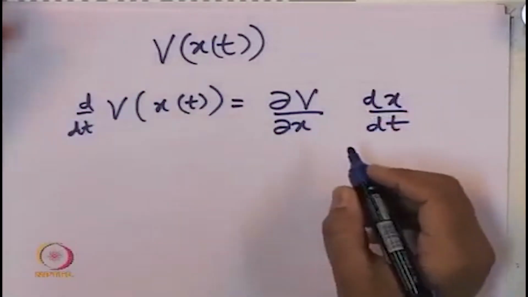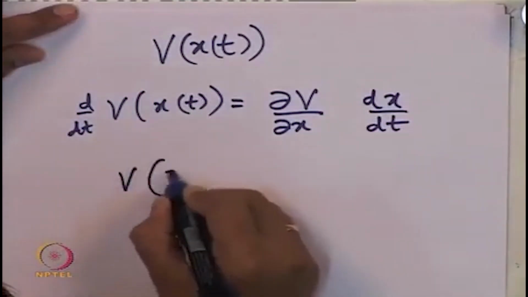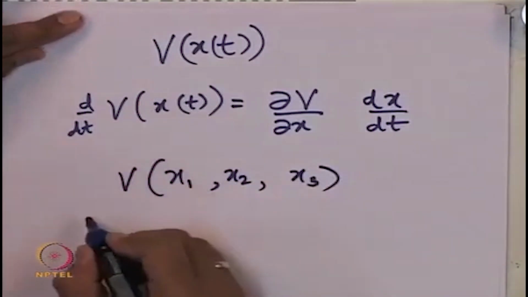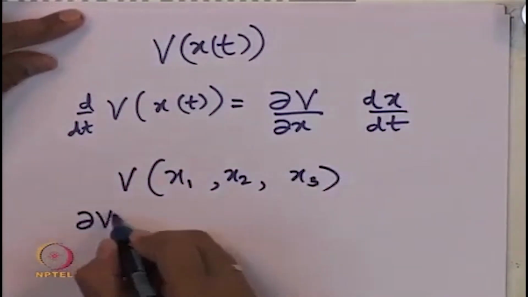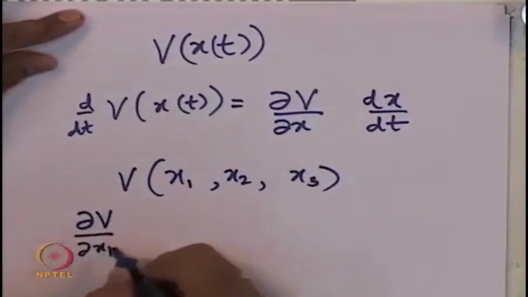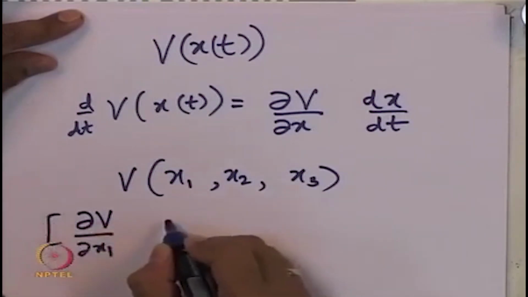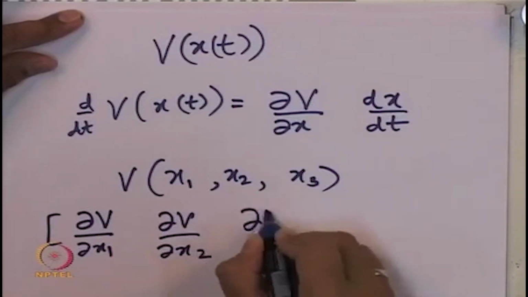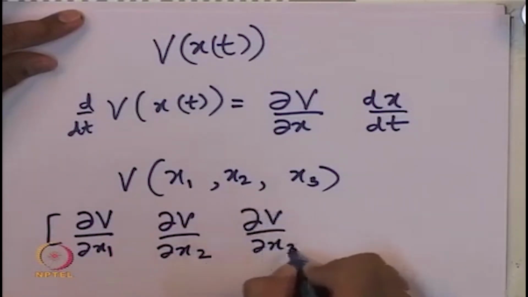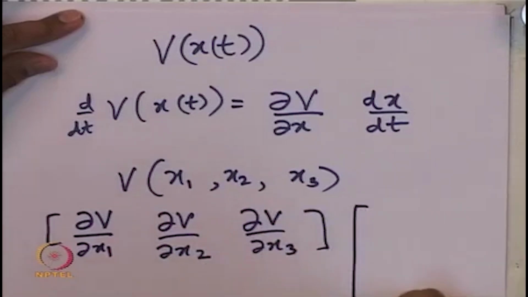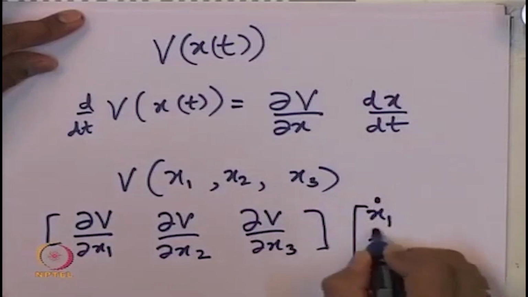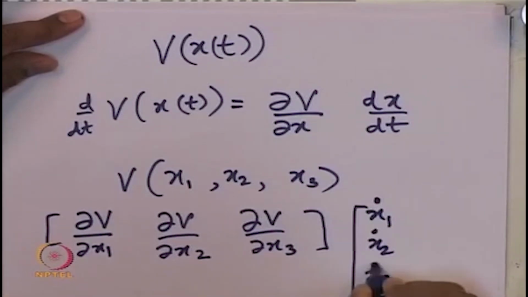So, if v depends on x1, x2, x3, then this is nothing but del v by del x1, del v by del x2, del v by del x3 times x1 dot, x2 dot, x3 dot.